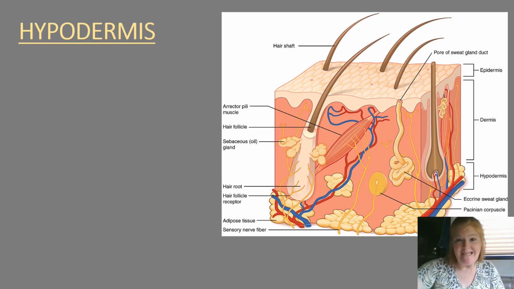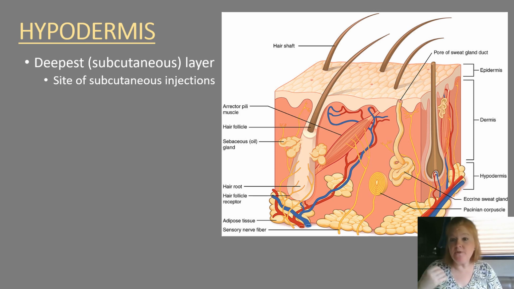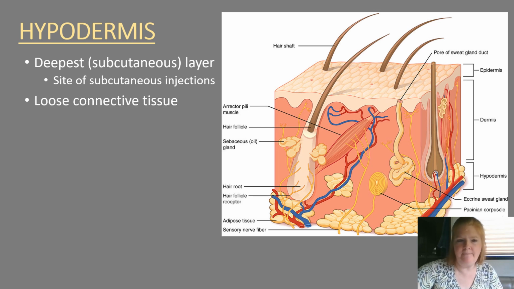Okay, and finally, the hypodermis. It is the deepest or subcutaneous layer. It is the site of subcutaneous injections. So injections are often given here because it's not just capillaries, larger blood vessels are present here. It is loose connective tissue. So we had the dermis, which was loose, then dense, now in the hypodermis, loose, mostly adipose tissue, fat.